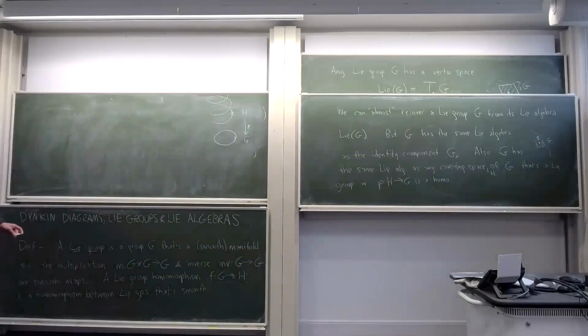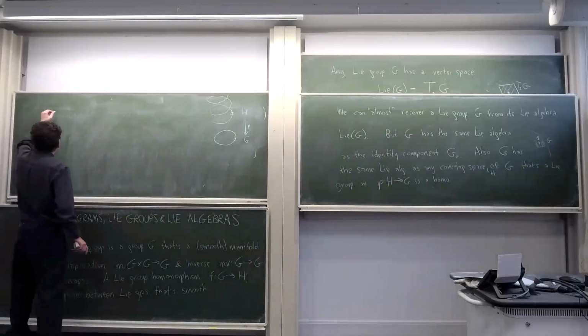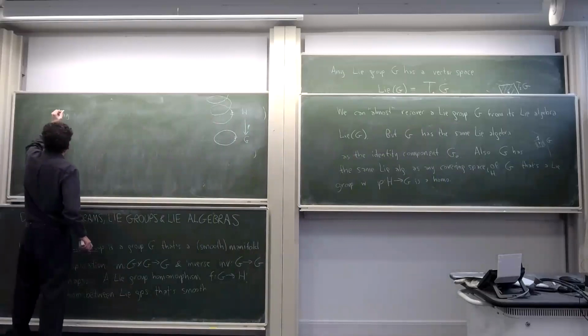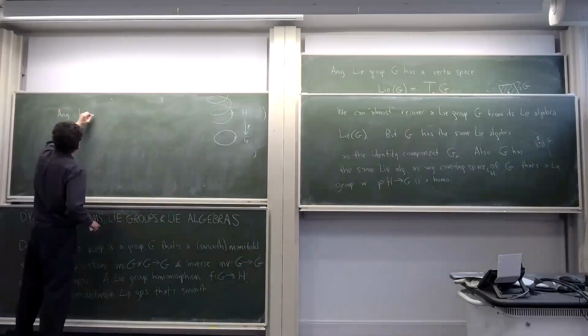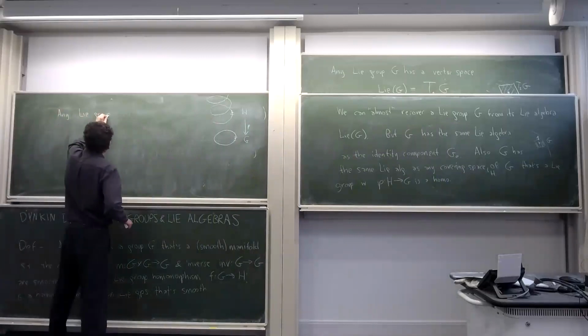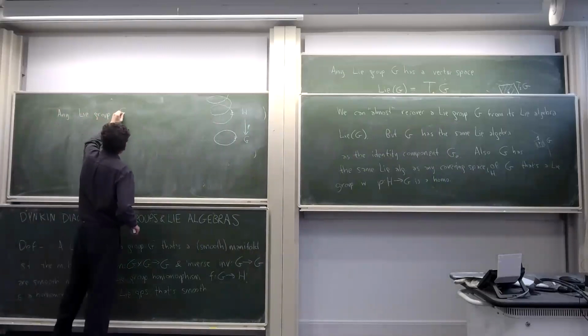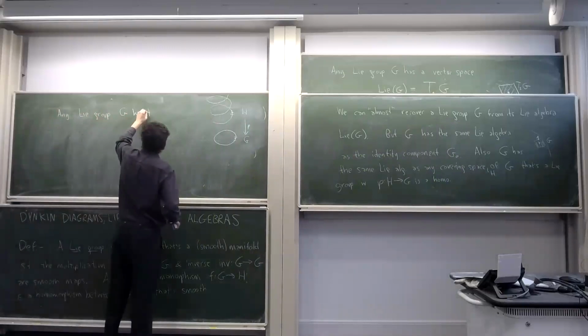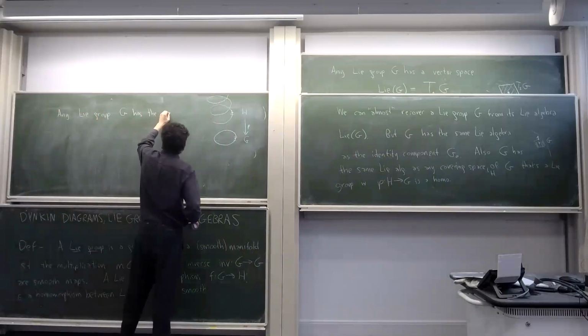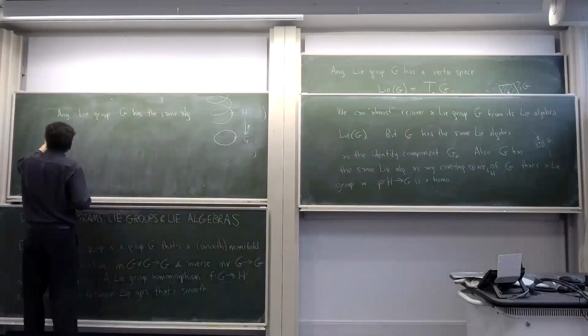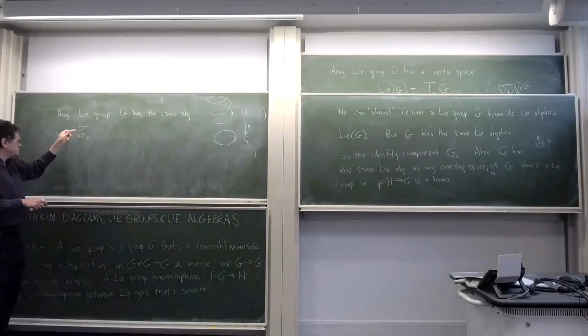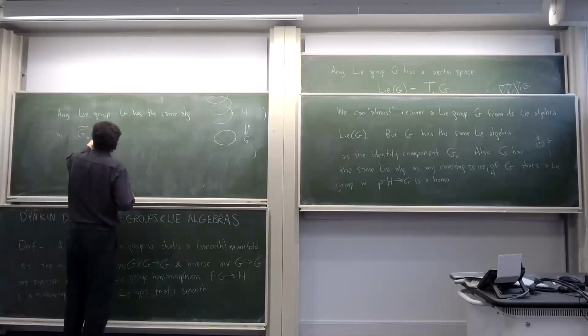So okay. So in particular, any Lie group G has the same Lie algebra as the universal cover of its identity component.